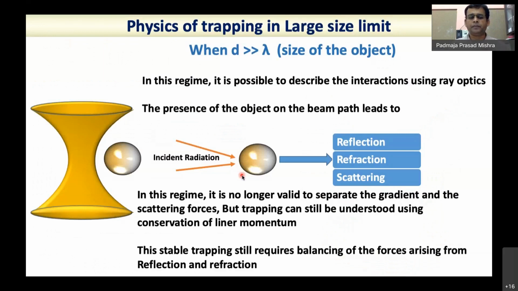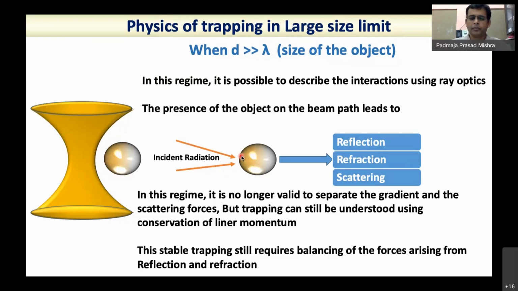Whenever the size of the object is bigger than the wavelength of the radiation, there are three phenomena that can be observed in general. And the good thing about this design is that the entire phenomenon can be explained by using ray optics. We don't have to go to much complicated explanation or complicated calculations.